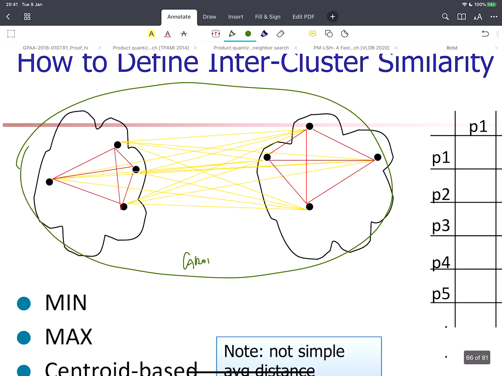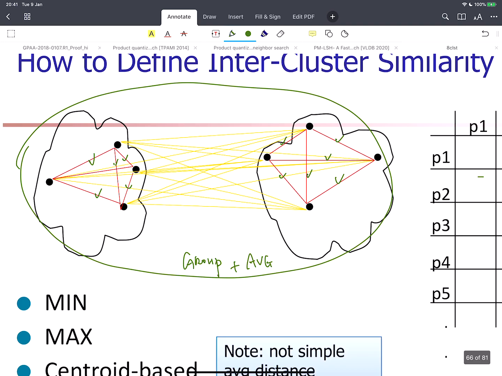That's the group operation. Then you do the average. So compared to the simple average, which only takes care of the cross-cluster pairs, this one also considers these red edges.